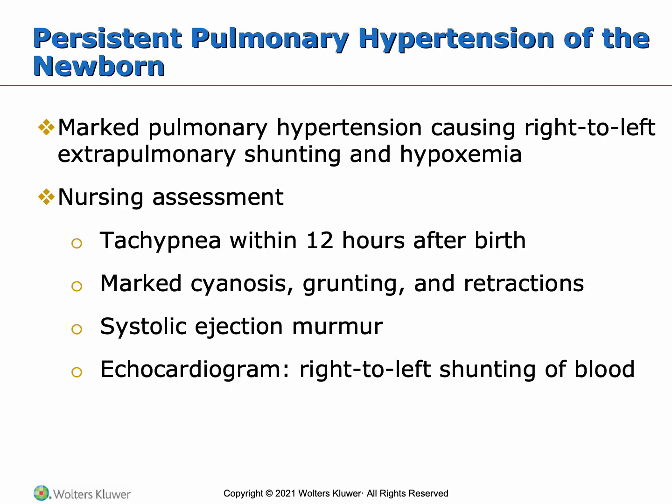So, persistent pulmonary hypertension of the newborn. This is a cardiopulmonary disorder, and it is characterized by marked pulmonary hypertension that causes a right to left extrapulmonary shunting of blood and hypoxemia. It occurs when that circulatory system does not have a normal transition after birth.